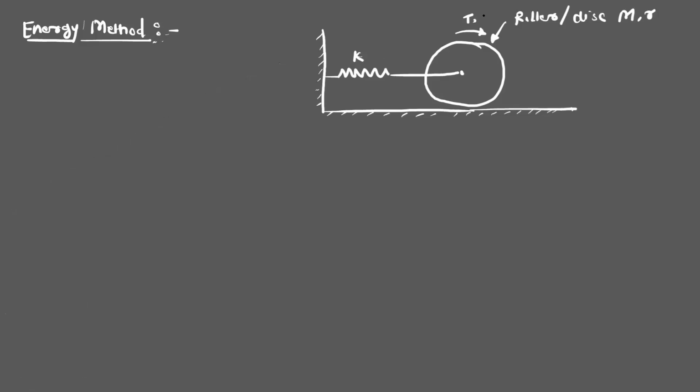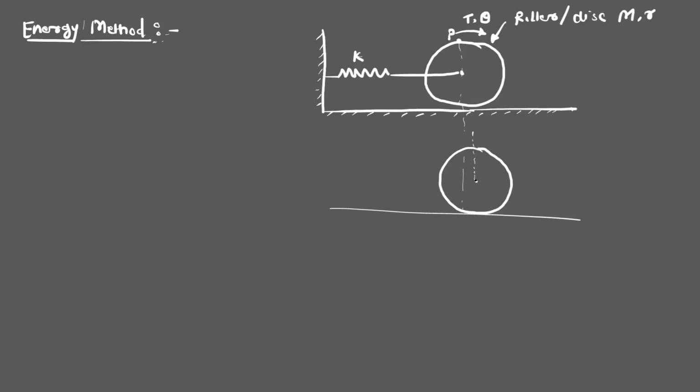Because of this torque, there is an angular displacement of theta. You can observe this disk for a very small time duration. It will simply rotate. If this vertical line represents its initial position, suppose this point is P.